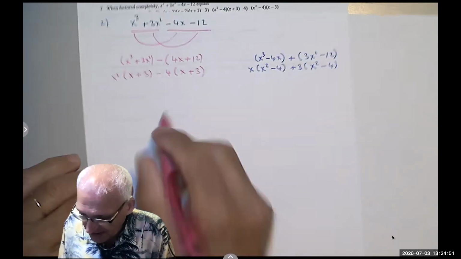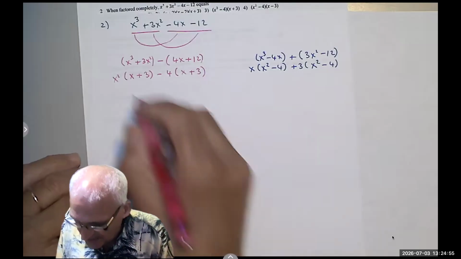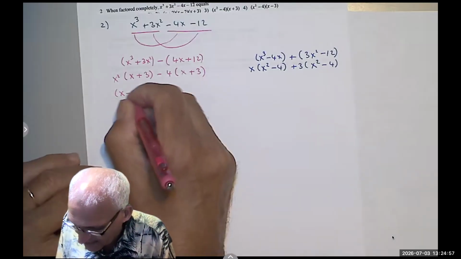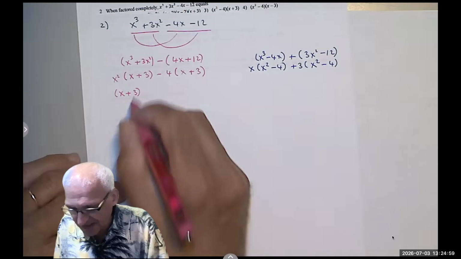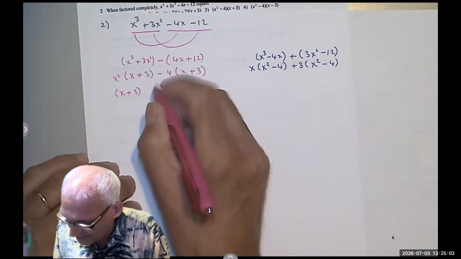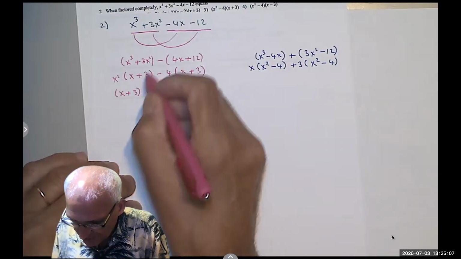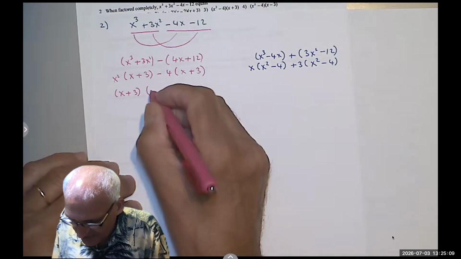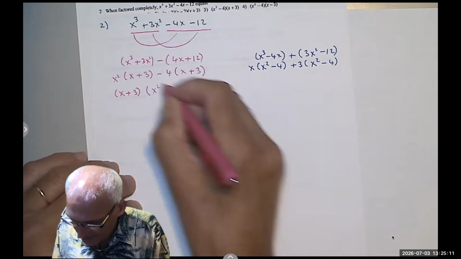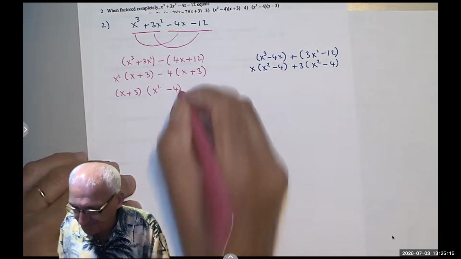So if I continue here, I see x plus 3 in the first term and x plus 3 in the second term, so I can factor this out. What remains from the first term, if I divide by x plus 3, is x squared. What remains from the second term when I divide by x plus 3 is negative 4.